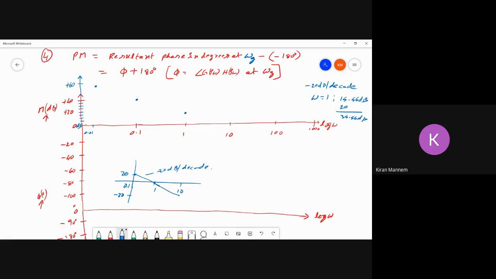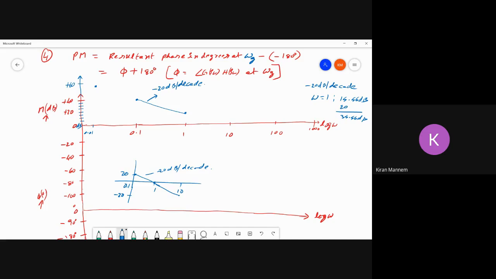We need not go further, just draw a minus 20 dB per decade line, which is passing through this point. So this is your first asymptote, minus 20 dB per decade when omega equal to 1.